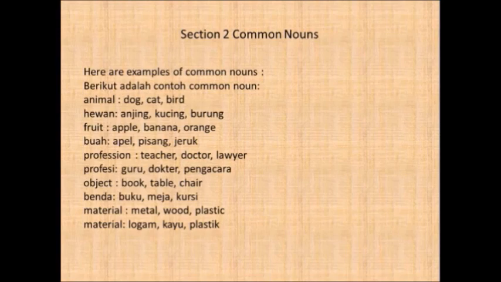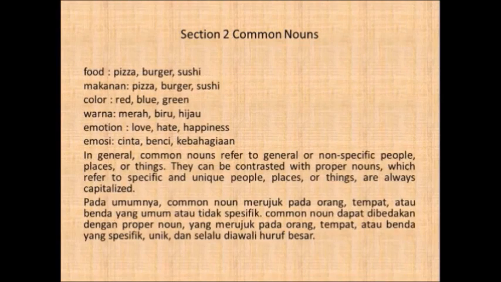Object: book, table, chair. Material: metal, wood, plastic. Food: pizza, burger, sushi. Color: red, blue, green. Emotion: love, hate, happiness.